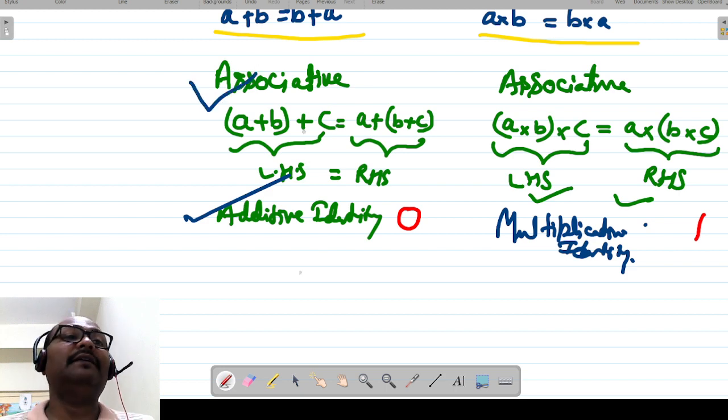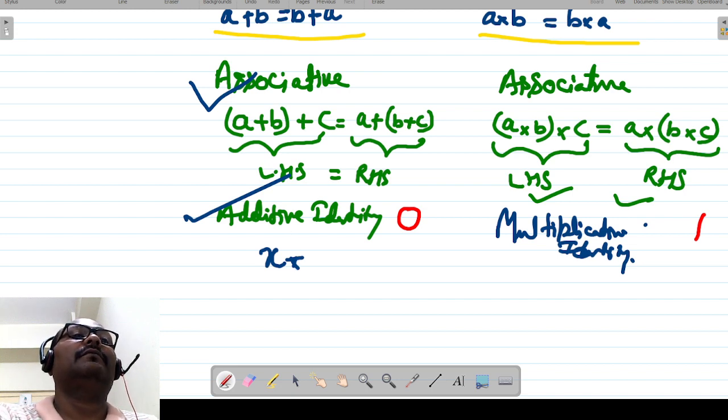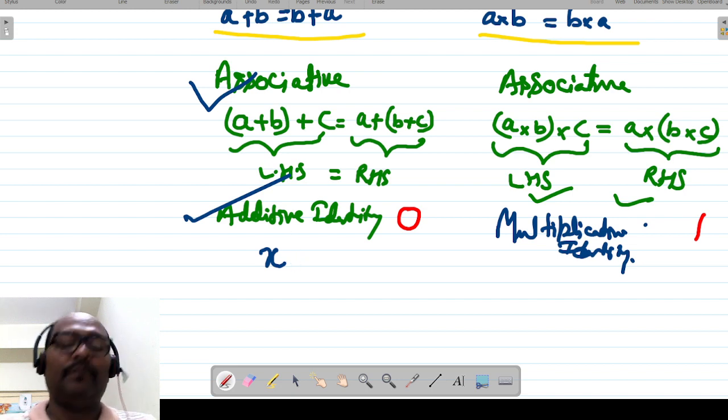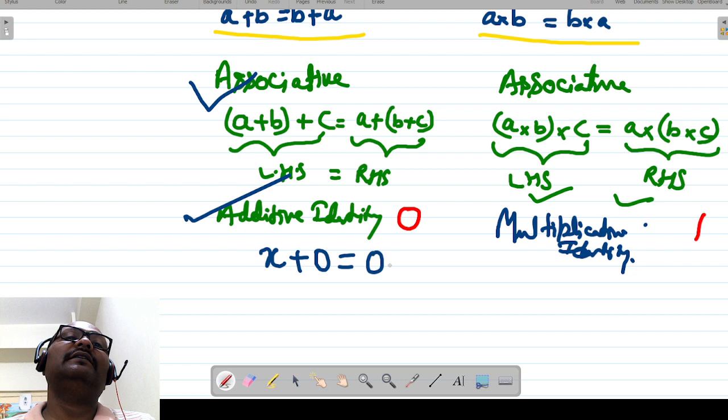For additive identity, if a literal is x, that is added with the additive identity, then the answer will be the same as when it is done in the reverse order.